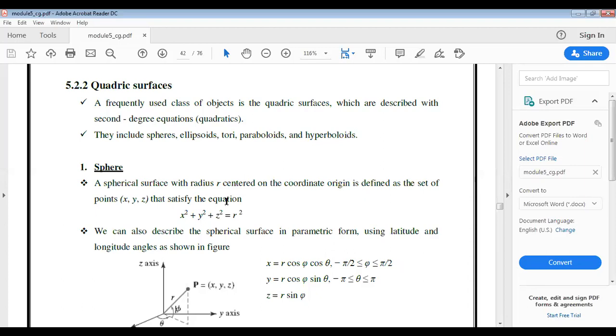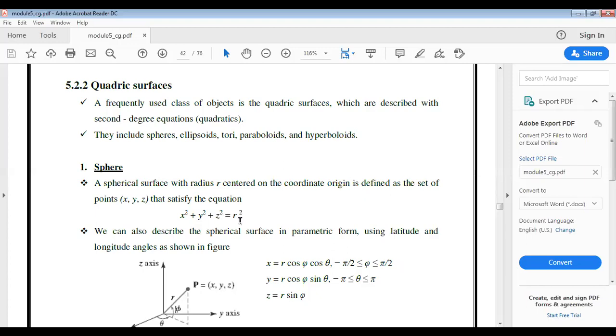Minus r square, if we bring that to the RHS, becomes equal to r square. So here another axis gets added, that is the z axis. Hence we call that a sphere, and the equation for that is x square plus y square plus z square is equal to r square.